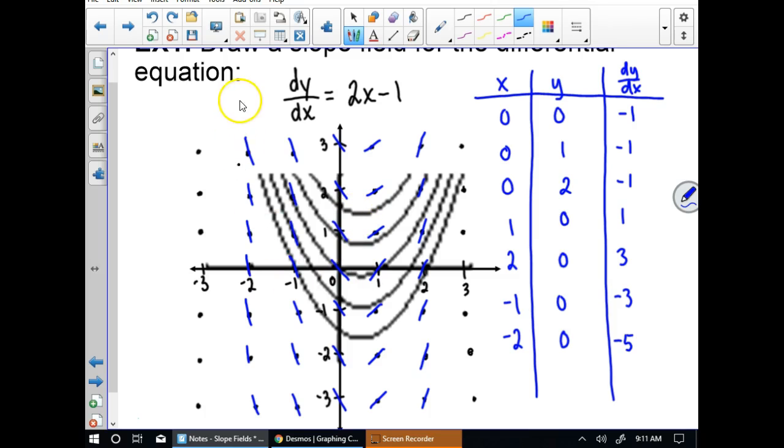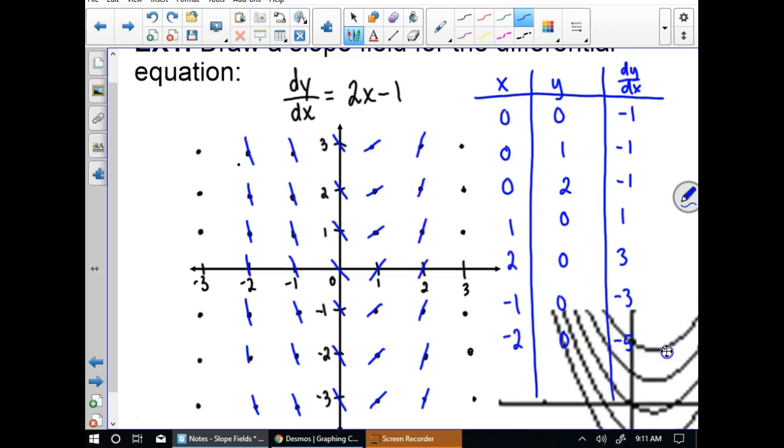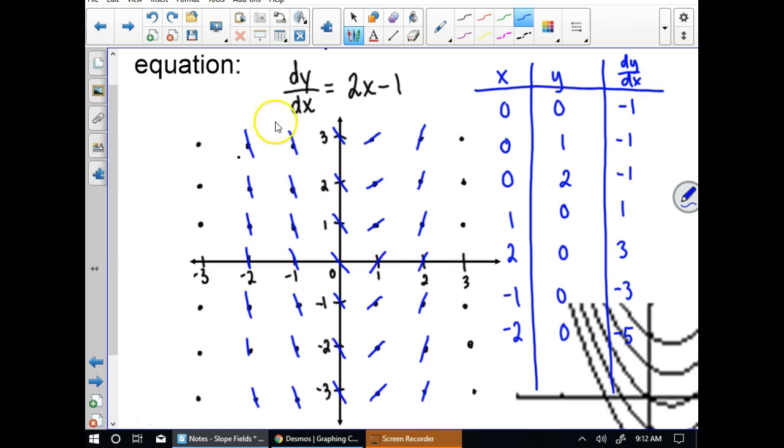So the slope field gives you a picture of what that graph looks like. Especially if we did a bigger slope field, we would see all of these start to look like parabola curves whenever you put all those little tangent lines in. Okay. Questions?